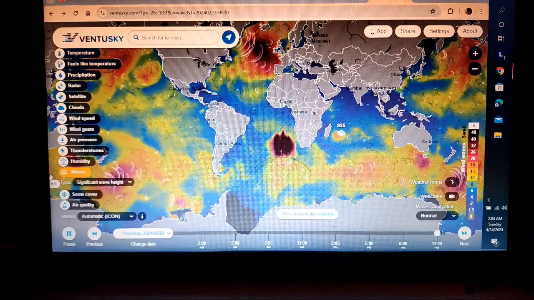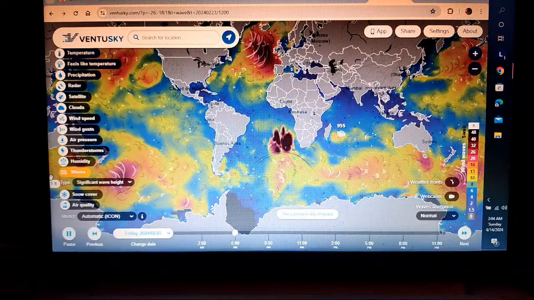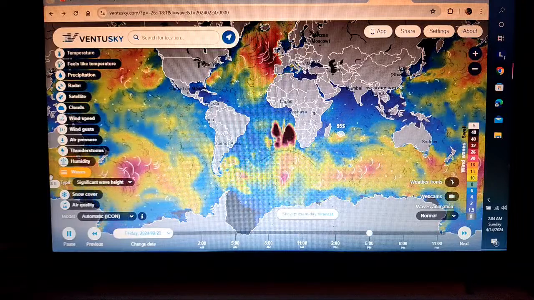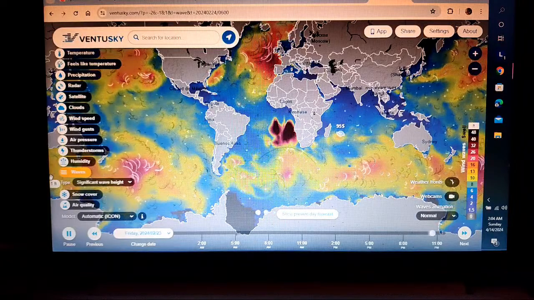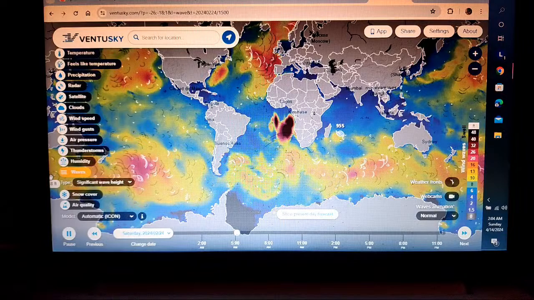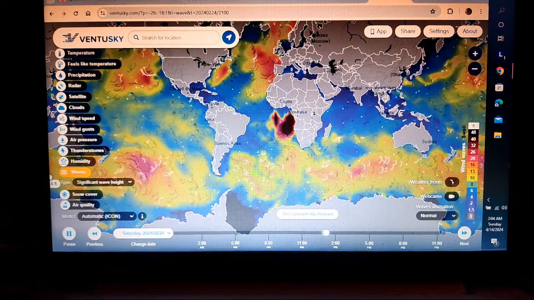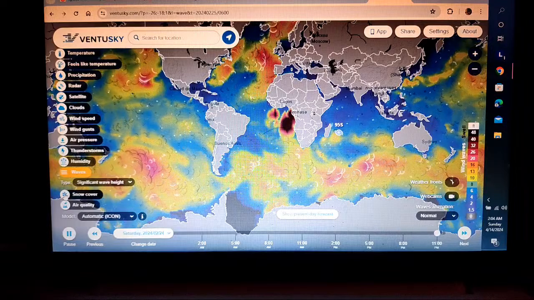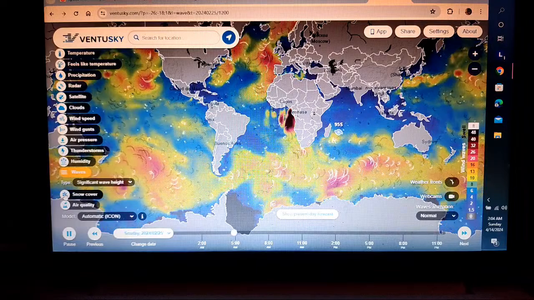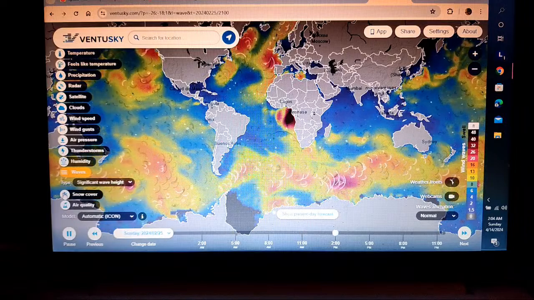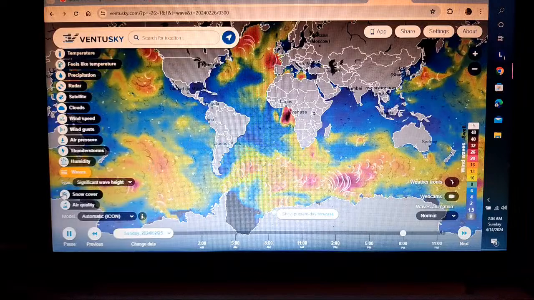See how it's affecting the water around it? If that was a glitch, why is it affecting the water around it? Interesting. Very interesting. Wow. That was a long duration one too, wasn't it?